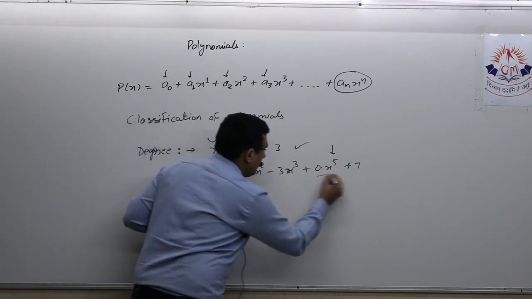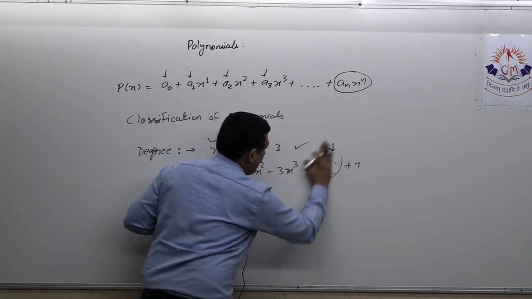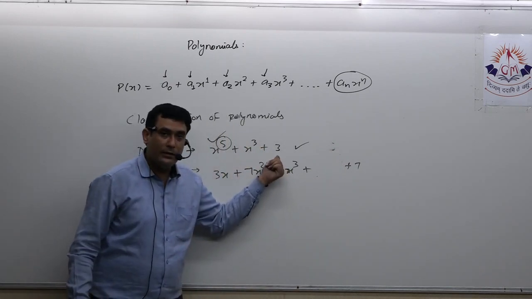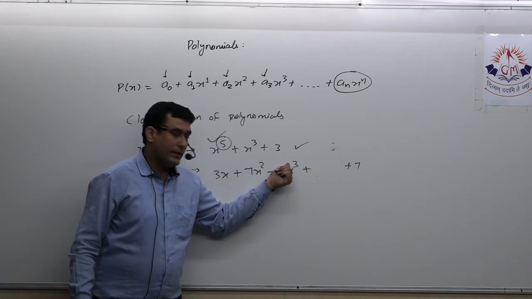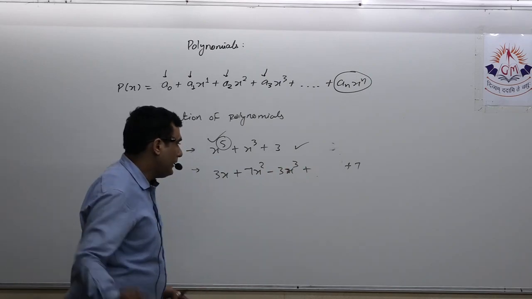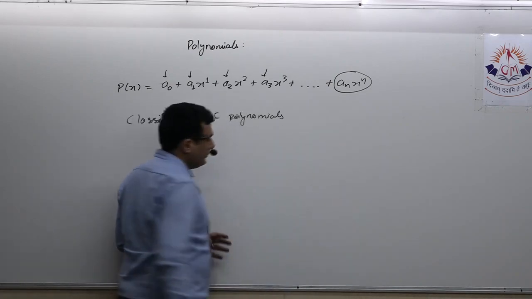No, here it is 0 into something. That means this term actually is not there. I can remove this directly. So over here the degree is 3 because the maximum power of the variable is 3. So you have to check this whenever you find the degree of a polynomial.